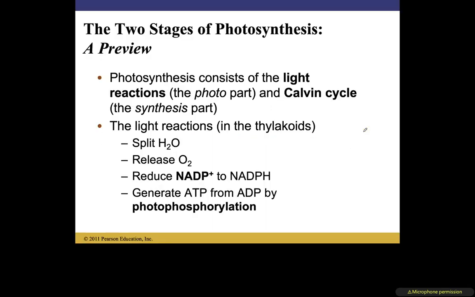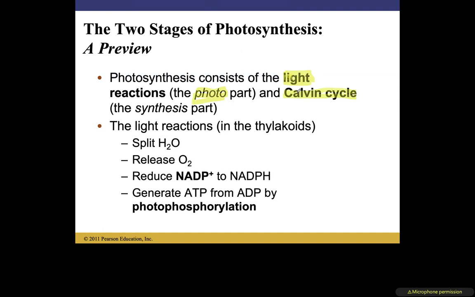Okay, so things you need to know: the stages of photosynthesis. Photosynthesis consists of light reactions. Your light reactions are going to be that photo part, meaning it says it in the name, light reaction. Sunlight or some type of light, we have artificial light that we use, but light is used in this part of the reaction. And the Calvin cycle is considered the synthesis part.